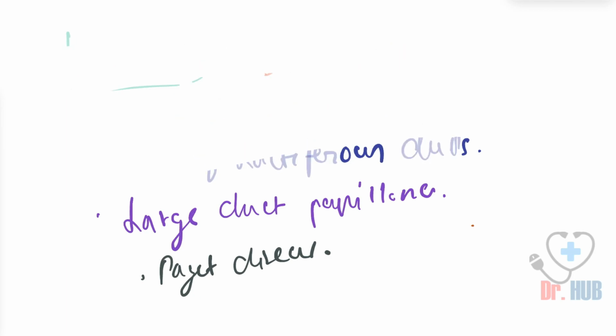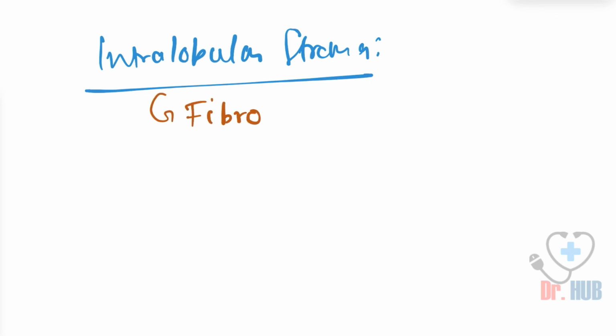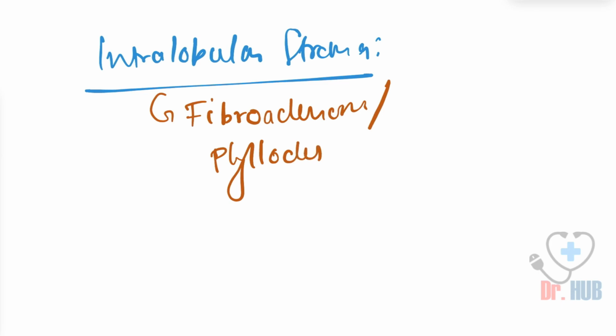Now moving further, we will look at the intralobular stroma. What is meant by the intralobular stroma? It includes the fibroadenoma, as well as the phyllodes tumor.